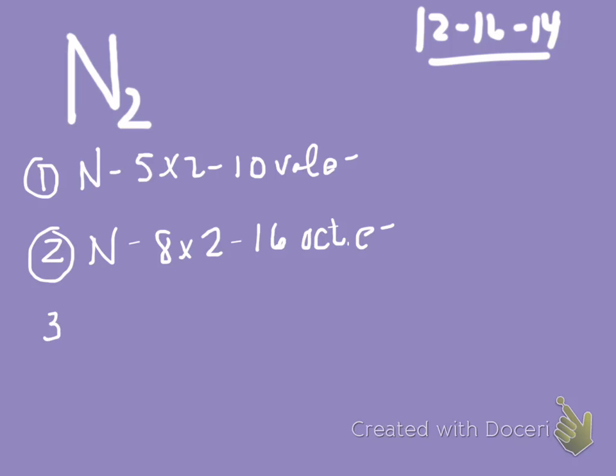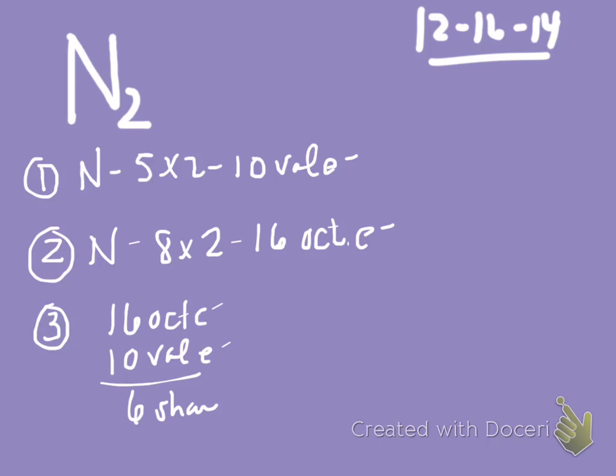Step 3, what's that? Subtract valence from octet. So there's 16 that are desired, 10 that we actually have. So how many do we have to share? 6. So there will be 6 shared electrons.